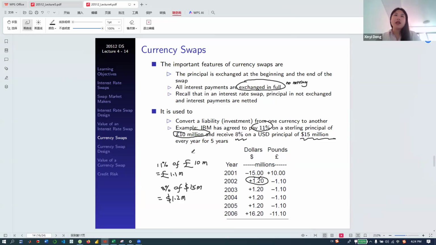So you use 11% times 10 million pounds. That's going to be equal to 1.1 million pounds. So that's why we have a minus 1.1 here, because IBM agreed to receiving the USD interest payments and paying out the pounds payments.